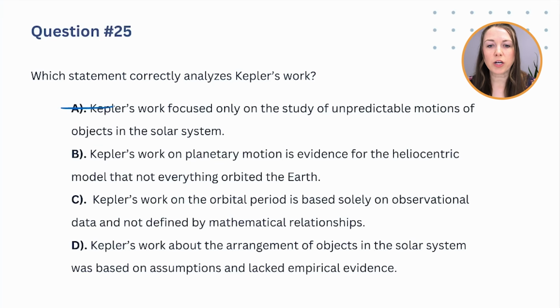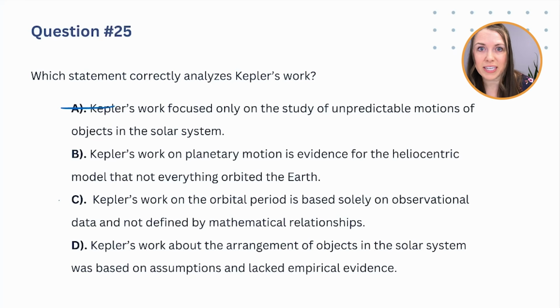C: Kepler's work on the orbital period is based solely on observational data and not defined by mathematical relationships. Okay, just think about this. Not defined by mathematical relationships. This is a scientist that is well respected. Are they going to respect him if it's just observational? I mean, you and I can observe anything. Does that make us professional in this field? No, right? So he had to have the data that went with it.